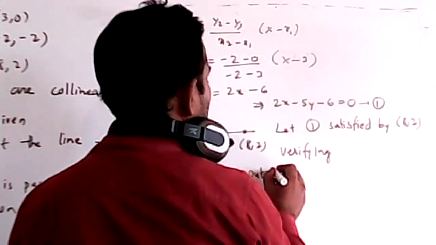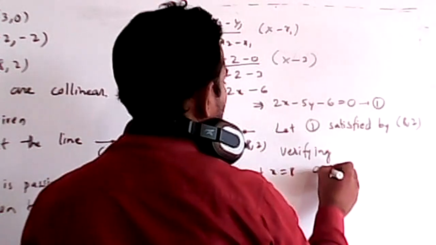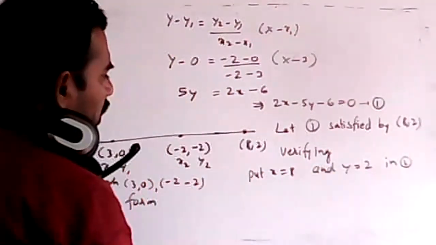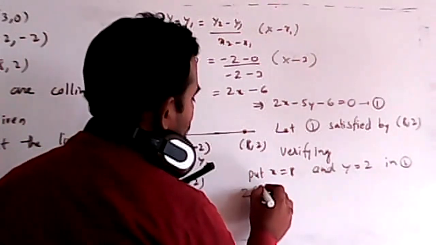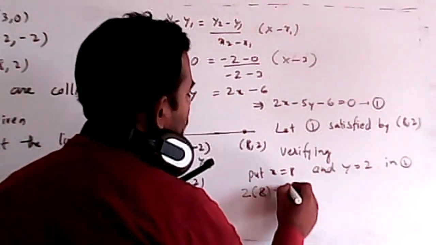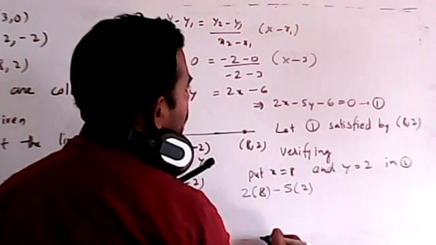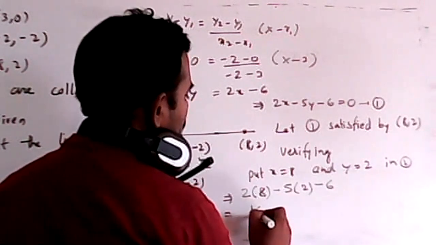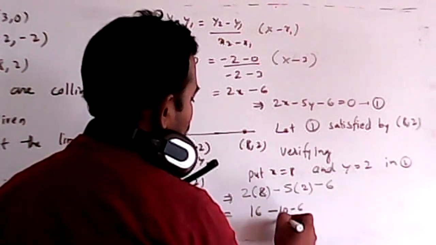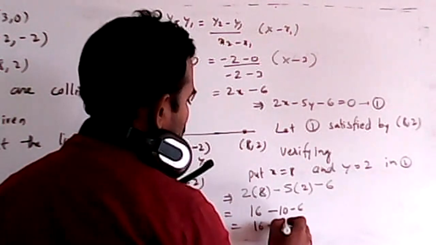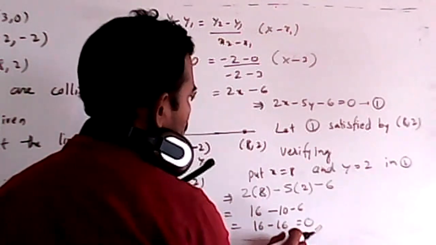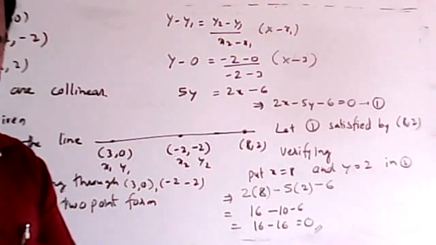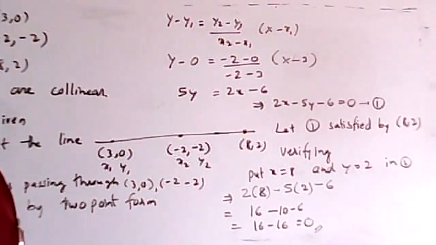Put x is equal to 8 and y is equal to 2 in 1. 2 into x means 16, minus 5 into y means 10, minus 6. Check it out now. 16 minus 10 minus 6. It is 0 only coming. It's satisfying. Therefore, these 3 points are collinear, if it is satisfying now. Right? Those are collinear.